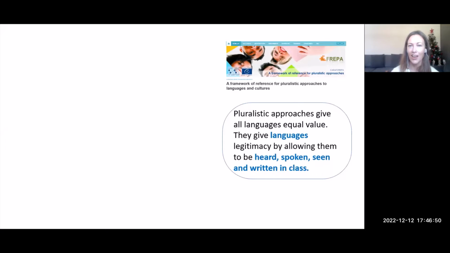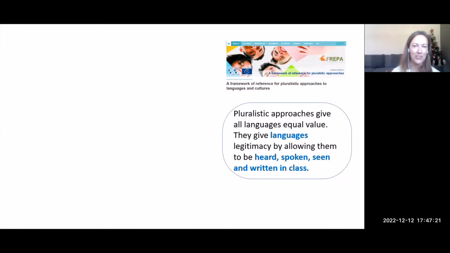And here's a summary from a framework of reference that Isabel and I use for our work. And this is what it says: pluralistic approaches give all languages equal value. They give languages legitimacy by allowing them to be heard, spoken, seen, and written in class. So this is the basis of everything we're talking about today.